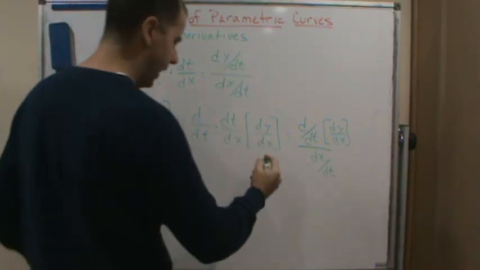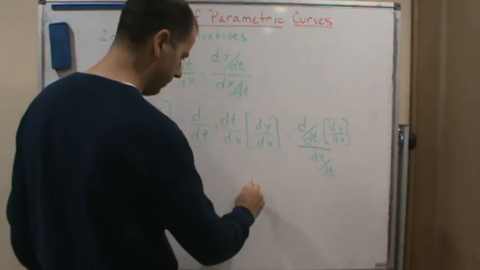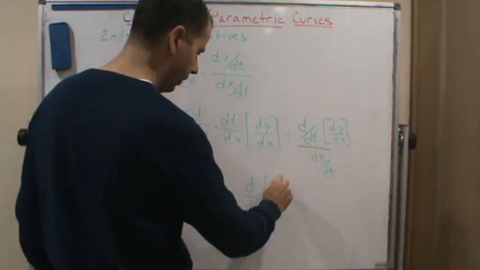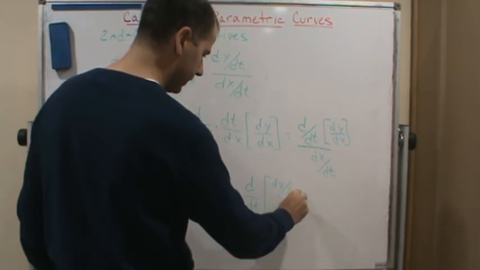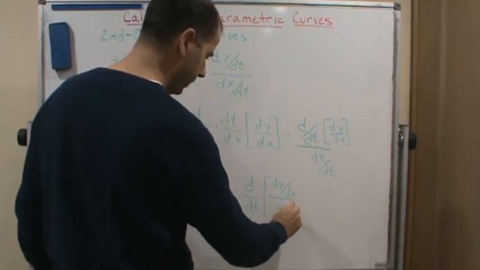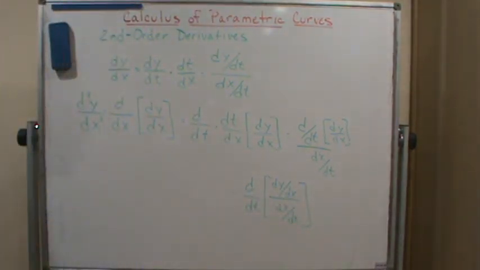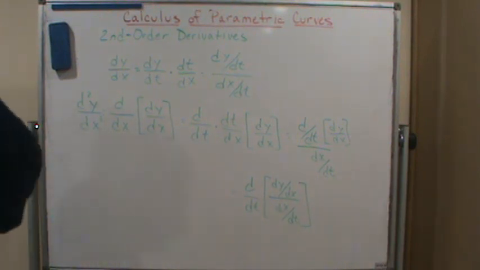So in other words, I can write this as the derivative with respect to t of dy dx, divided by dx dt. Now if we know dy dx as a function of t, then this formula becomes very straightforward to apply. So let's do some examples. See you next time.